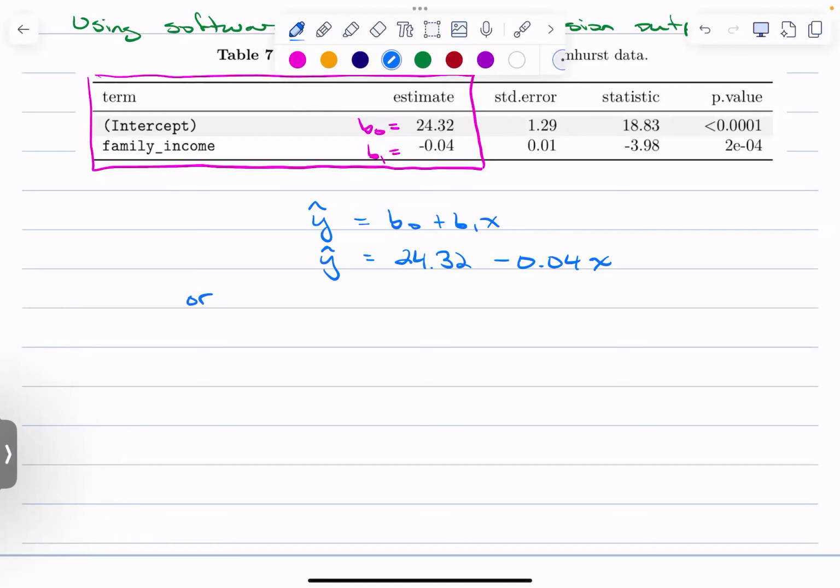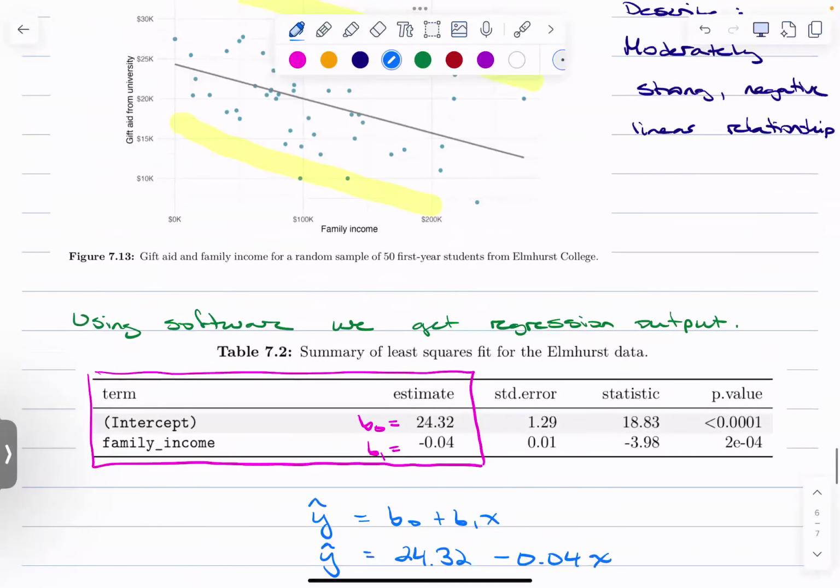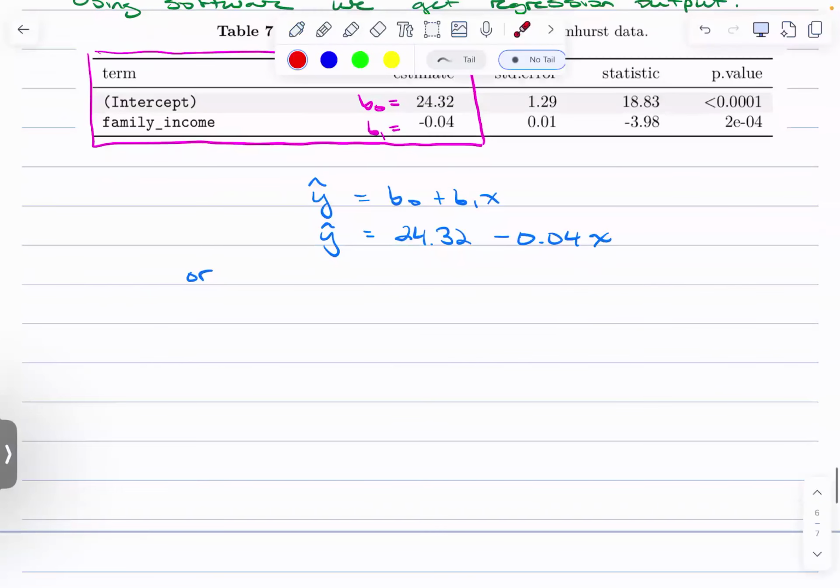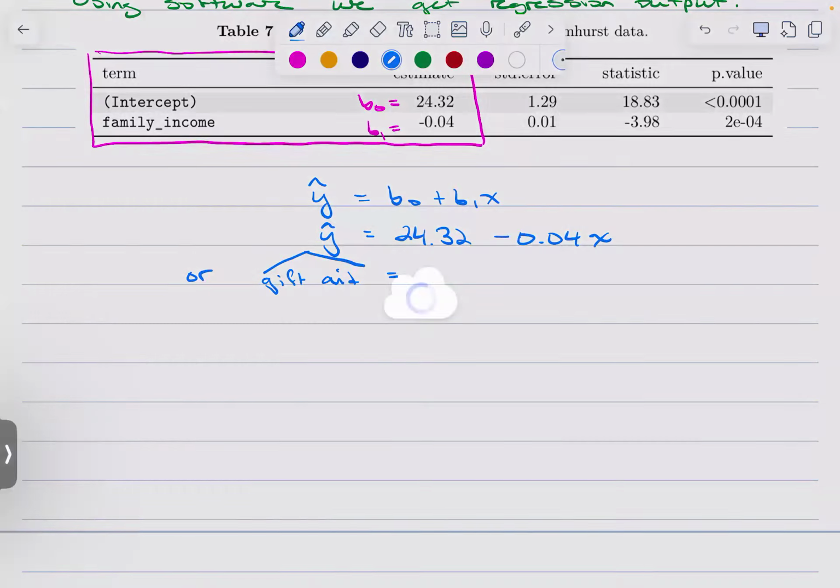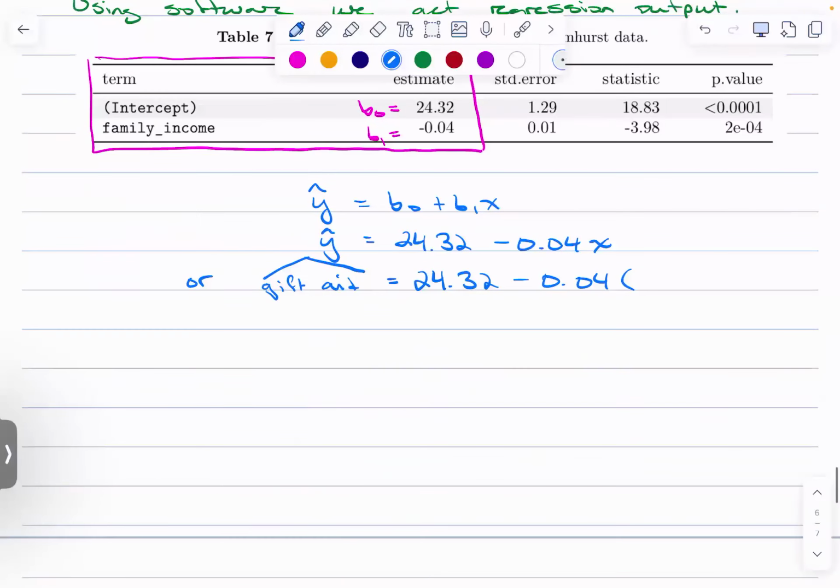Or in words, let's say this: the y-axis is the gift aid, right? So the predicted gift aid, or gift aid with a hat on top. Oops, my hats don't look very good. The predicted gift aid is 24.32 minus 0.04 times the family income.